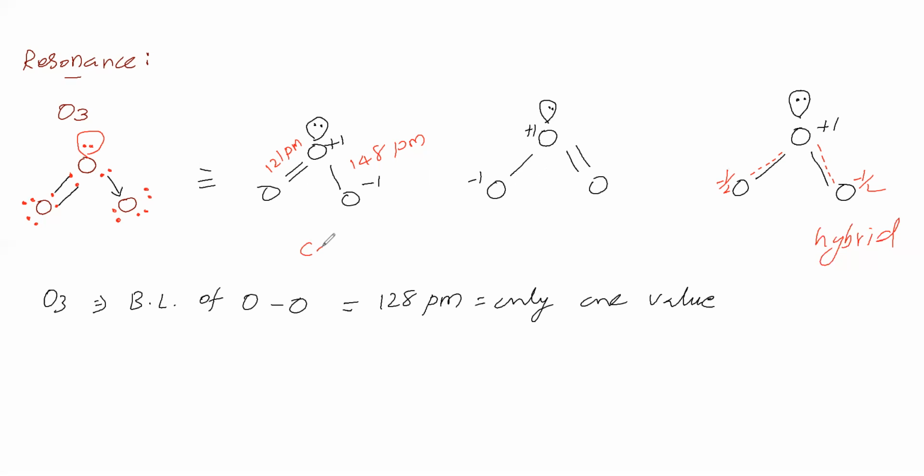Another name is canonical forms. So for ozone we have written contributing structures, alternating structures, canonical forms. From the contributing structures we have written a hybrid. This hybrid is the actual structure of the molecule.